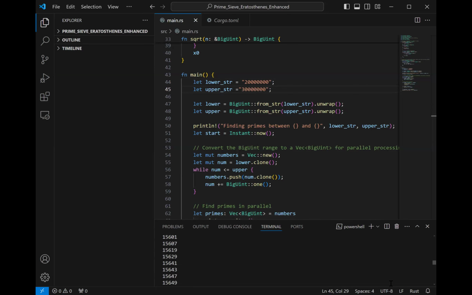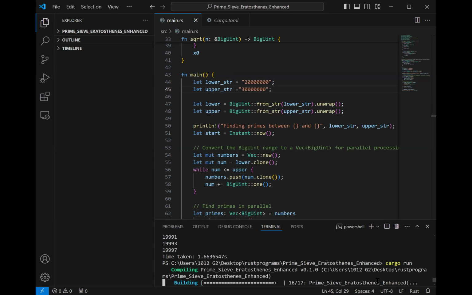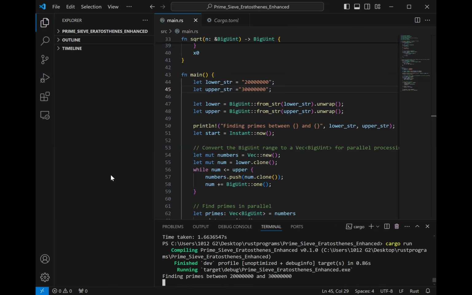Let's try and see how long it will take to do that. It says finding prime numbers between this, so it's just going through the steps. Once it's done, it's supposed to give us those prime numbers.